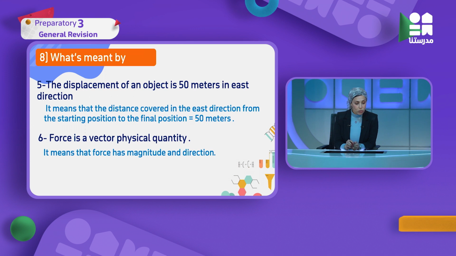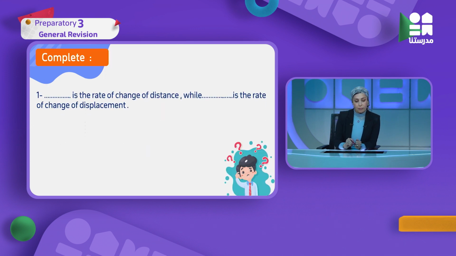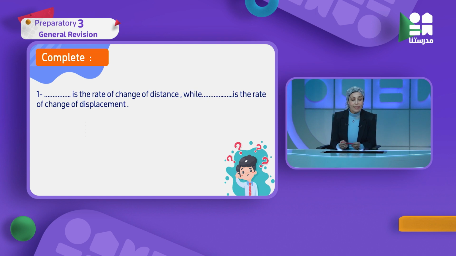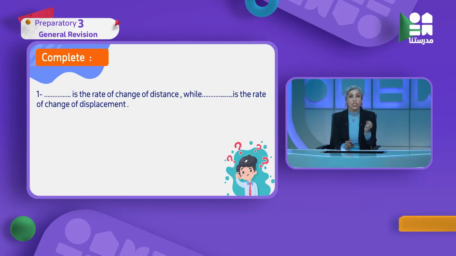Another type of question, which is complete. What is the rate of change of distance, while what is the rate of change of displacement? Of course I have here a change in distance and a change in displacement. The change in distance is what? It is speed.